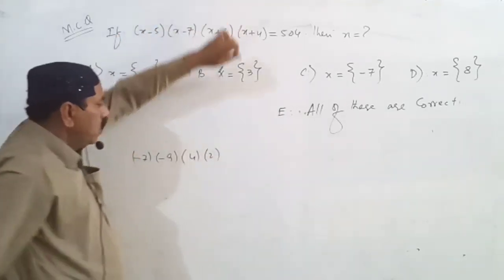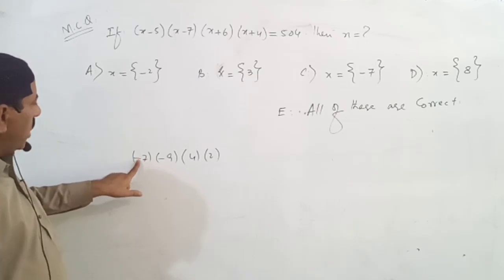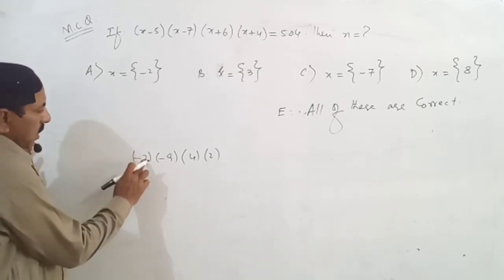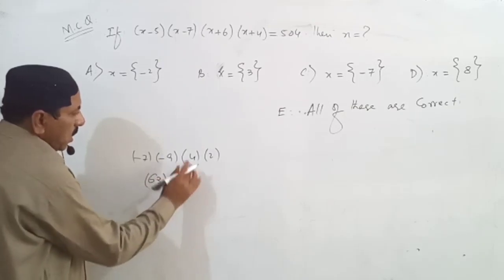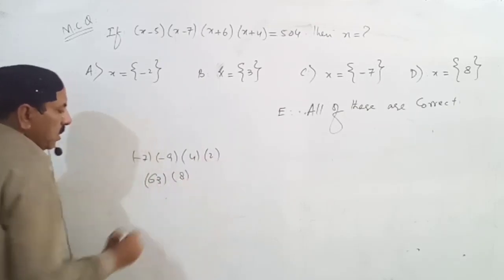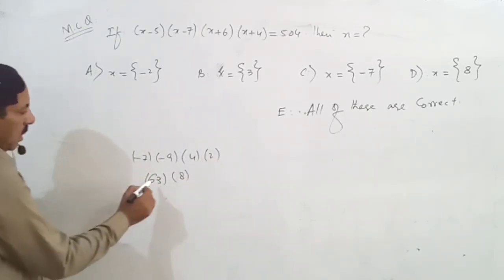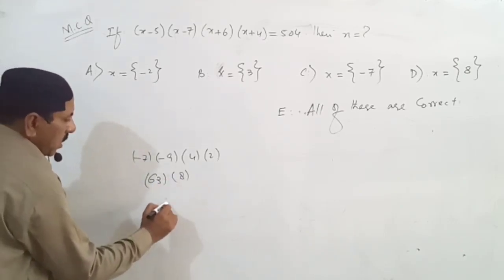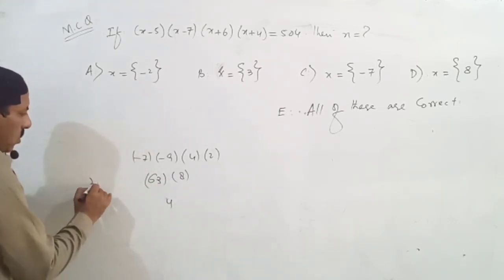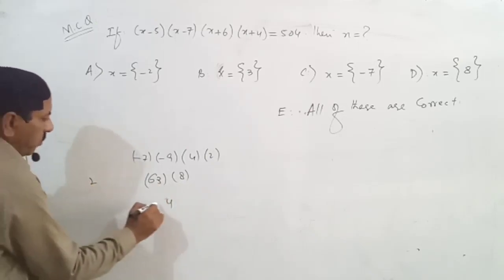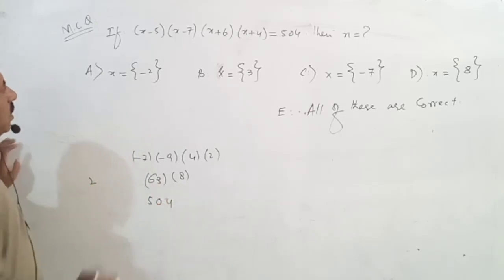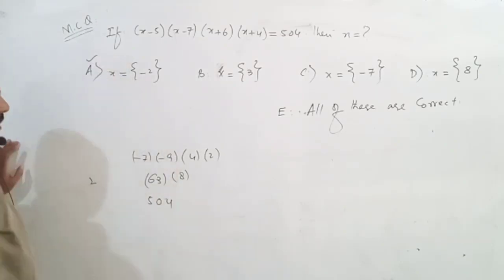So the result is minus into minus plus, 9 times 7 is 63, 4 times 2 is 8. The result is 63 times 8, 24, 6 times 8 is 48, and 2, 50, 504, which means -2 is correct.